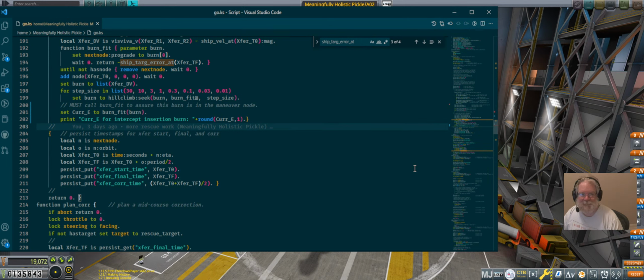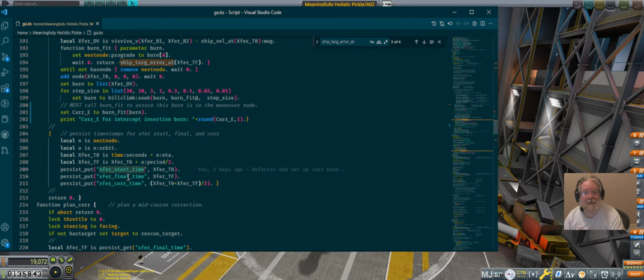So sometimes this stuff works really well. I actually had to detune this, so I'm trying to stop 20 meters before the target because I used to just tap the target. Anyway, so current E for the mission burn.